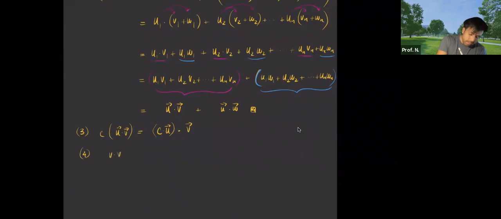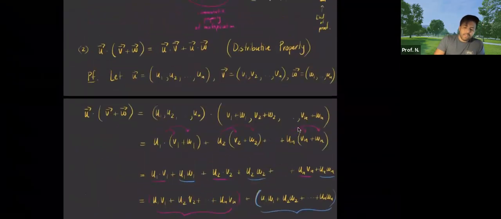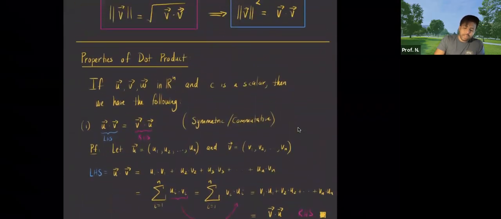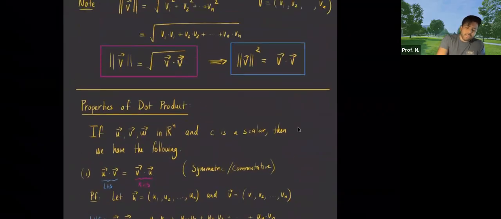And V dot V is greater than or equal to 0. And V dot V is equal to 0 if and only if V is the 0 vector. And again, you can apply the reasoning: what was V dot V again? V dot V is the norm squared.